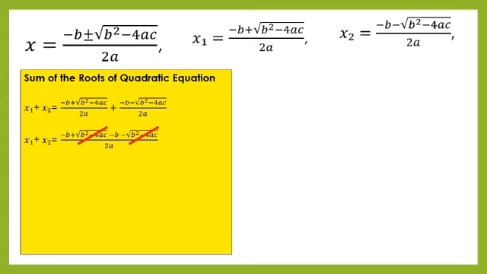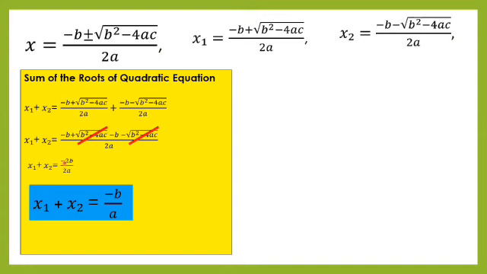We now have negative b minus b is equal to negative 2b over 2a, which is the denominator. We now simplify.